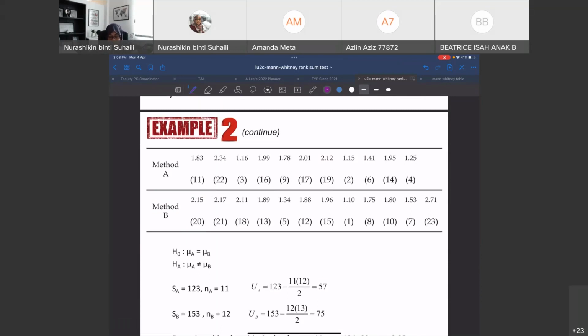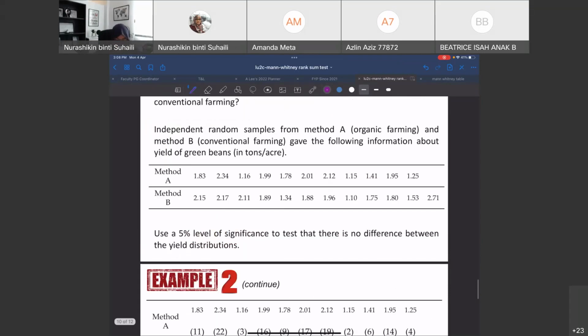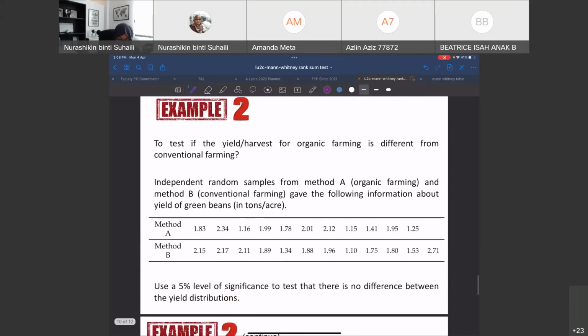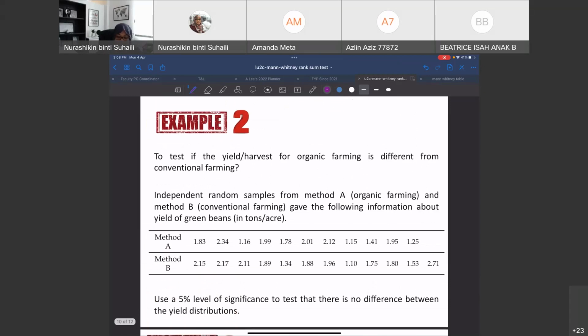What I would like to highlight is that the number of samples is not the same for method A and method B. This one is 11, and this one is 12.